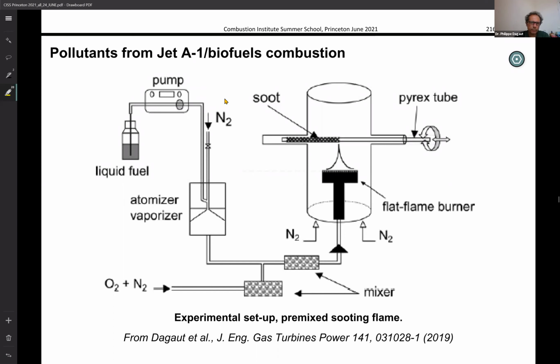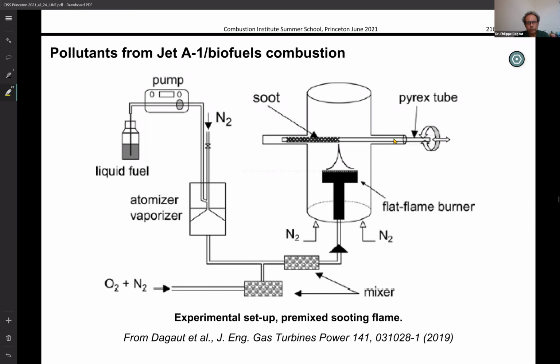By means of a flow of nitrogen, we atomize and vaporize this fuel. And then we mix it with a mix of O2 and N2. And this goes to the burner, similar to a McKenna burner.